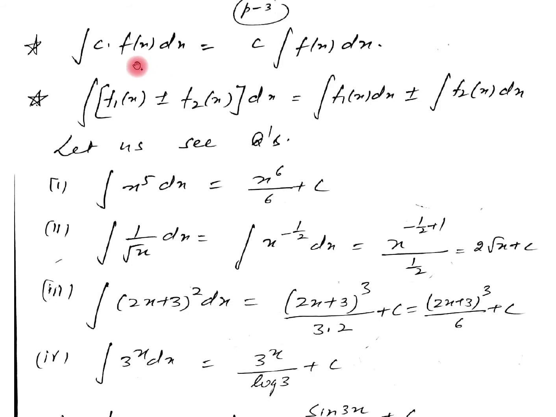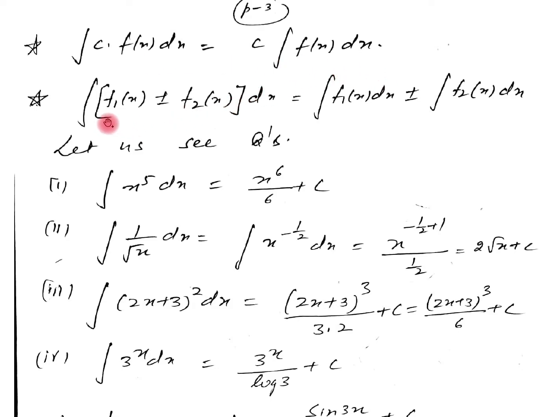Now here some more results. The integral of c into f(x) dx, where the function is multiplied by a constant quantity, this constant will be written as c into the integral of f(x) dx. Listen again: the integral of c into f(x) dx, c remains as it is, integral of the remaining function.